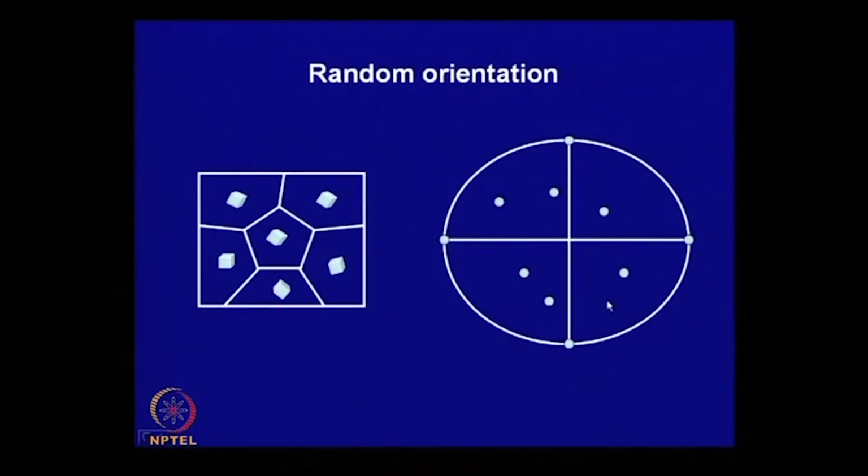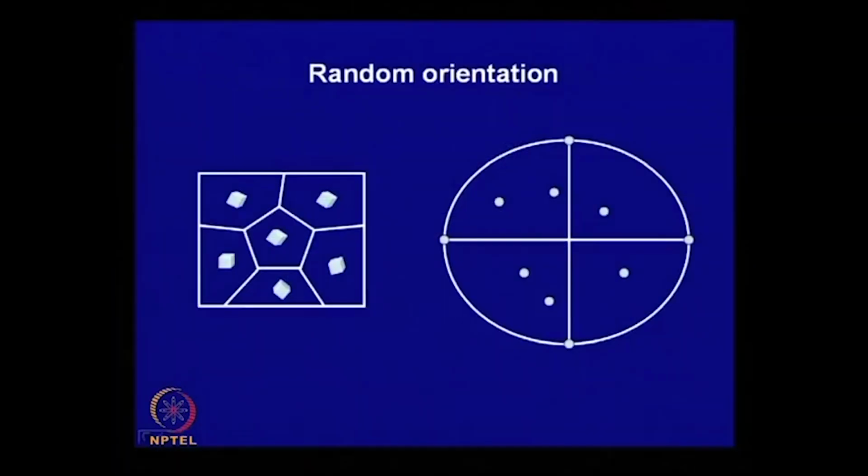Now, in a real metal, in a small piece you will have innumerable number of these crystals, and if you plot the orientation of all of these, you will find that this entire projection is filled up by spots, which are uniformly distributed all over. So, this type of arrangement of crystals is known as random orientation.